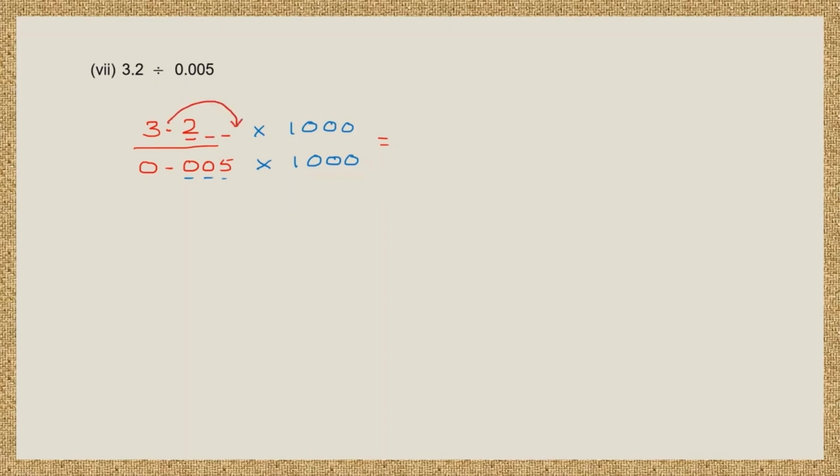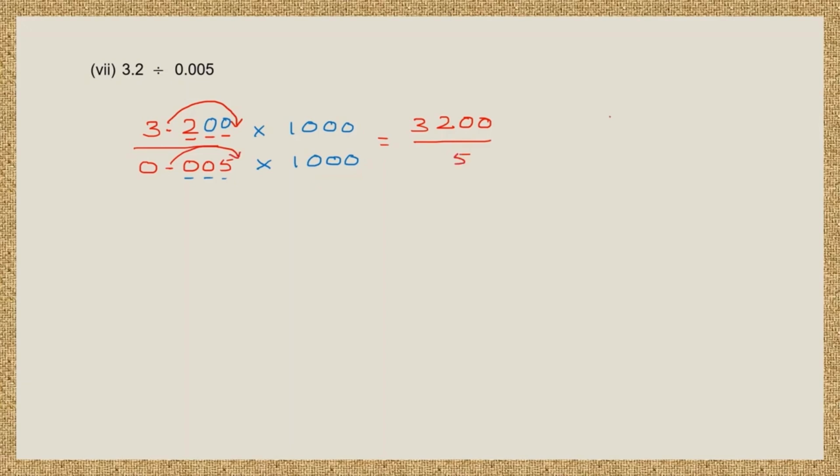Now we need to fill in with zeros. So 0, 0. So what is my numerator? 3200. And in my denominator, the point moves 3 places and it comes here. So it is simply 5.